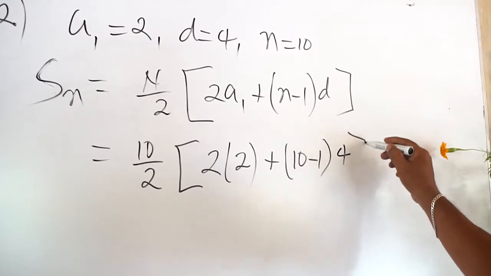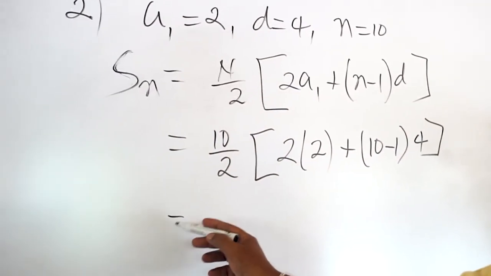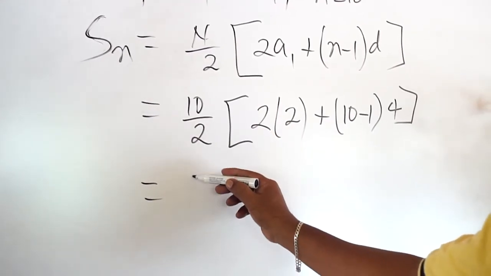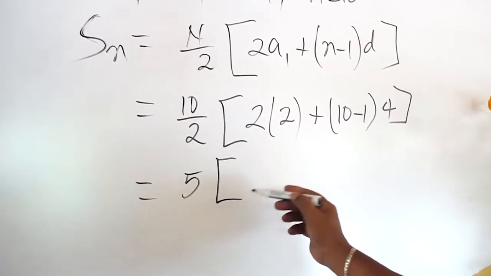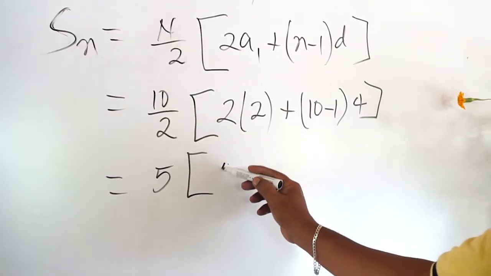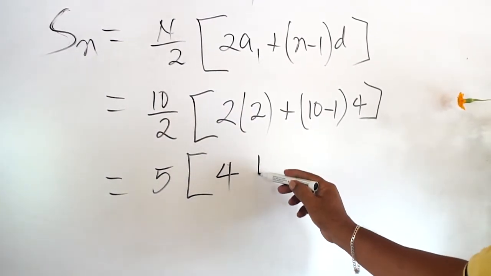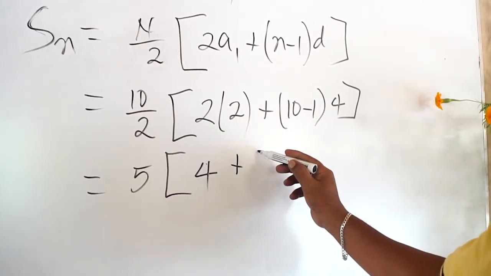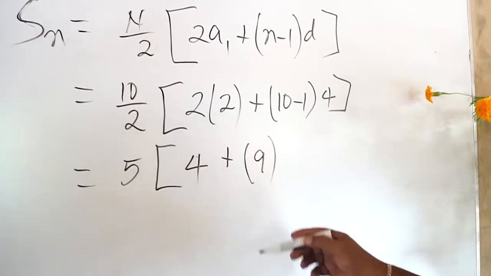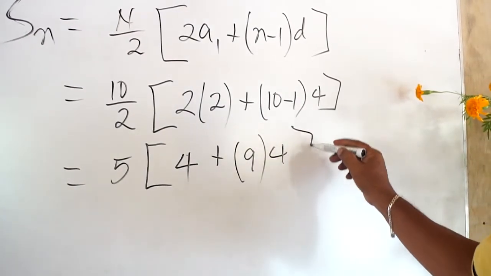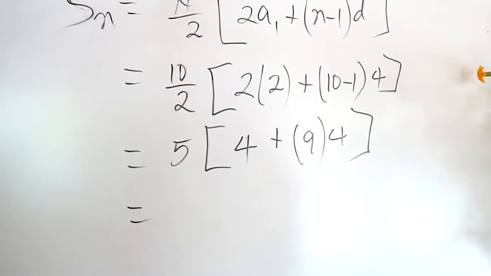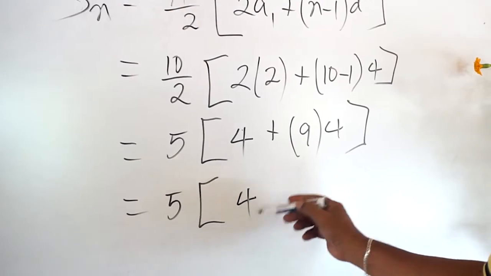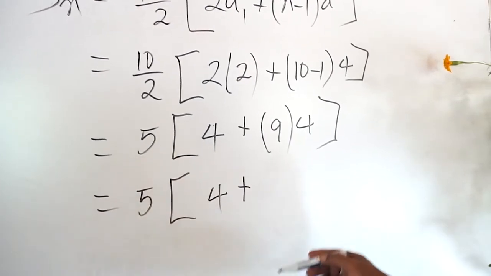is 4. Then simplify. So we have 10 divided by 2, so the quotient is 5. Then open brace, 2 times 2, the product is 4. Then plus 10 minus 1, so we have the difference is 9. Then 4. Okay, simplify. So we have 5, open brace, 4 plus 9 times 4.